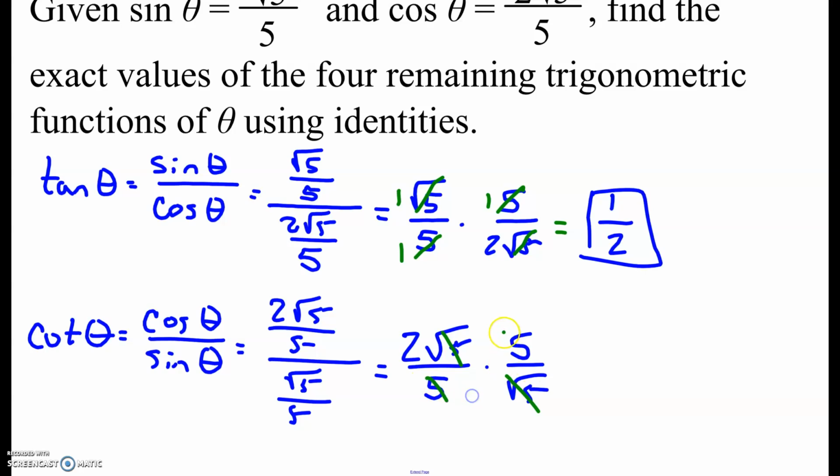Square root 5's cancel, 5's cancel, leaving us with 1s there. So you're still multiplying across to get 2.